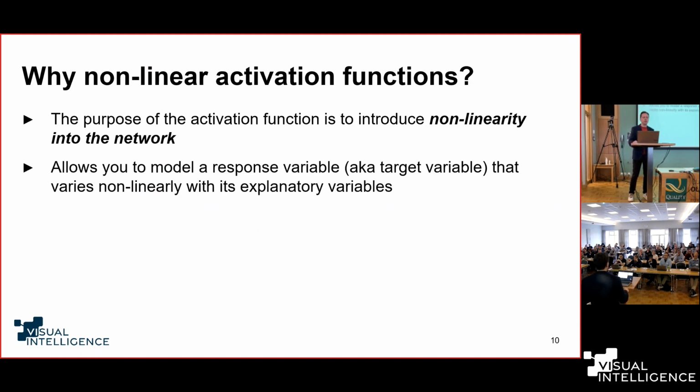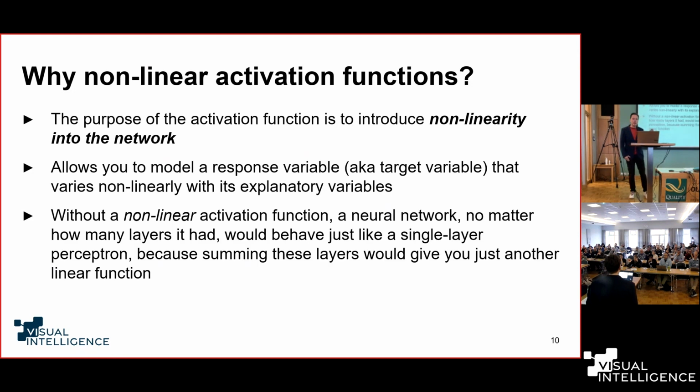It also allows the model response to vary nonlinearly with the explanatory input data. And if you didn't do that, one neuron would be sufficient, because it all would collapse to that one. It's just like linear operations. So that's the reason.